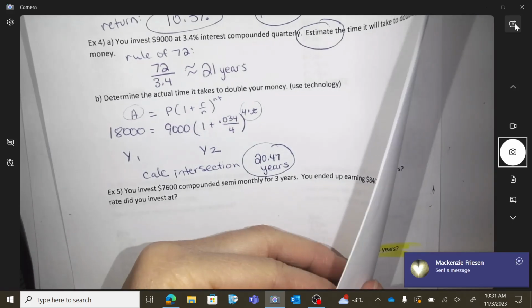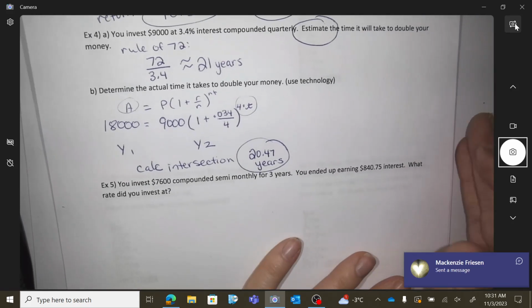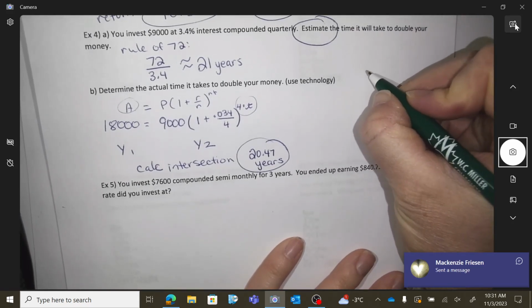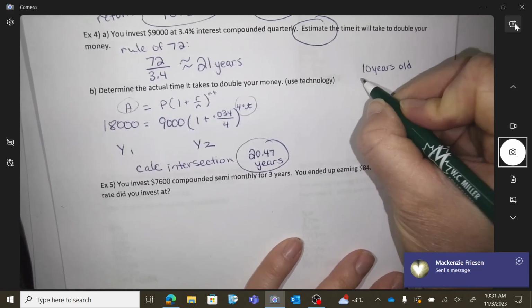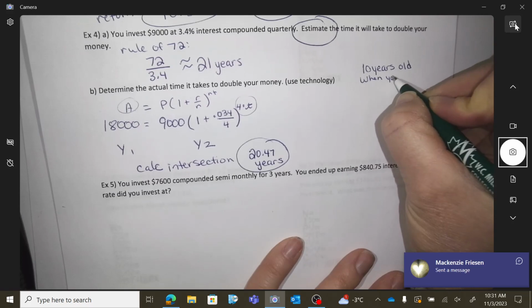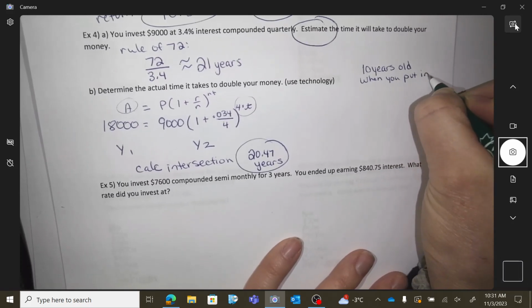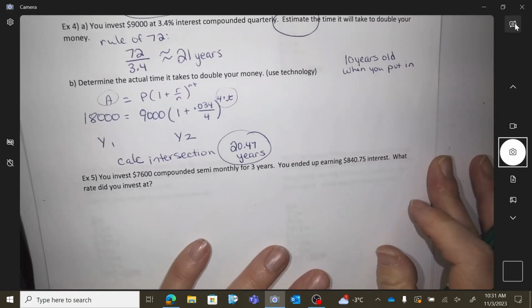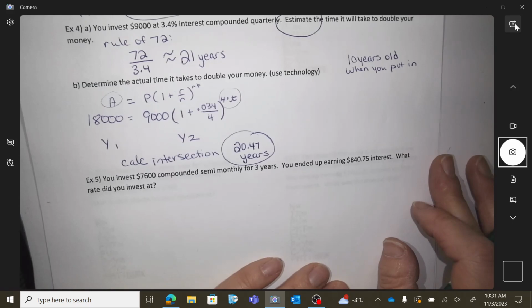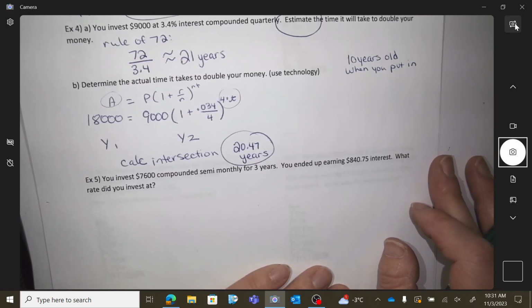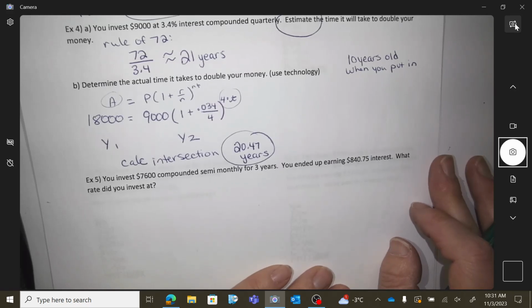Okay, I really wish I put another question on here, so I'm just going to add this. You were 10 years old when you put this money in. Probably not a lot of 10-year-olds have $9,000, so we'll just make this up.